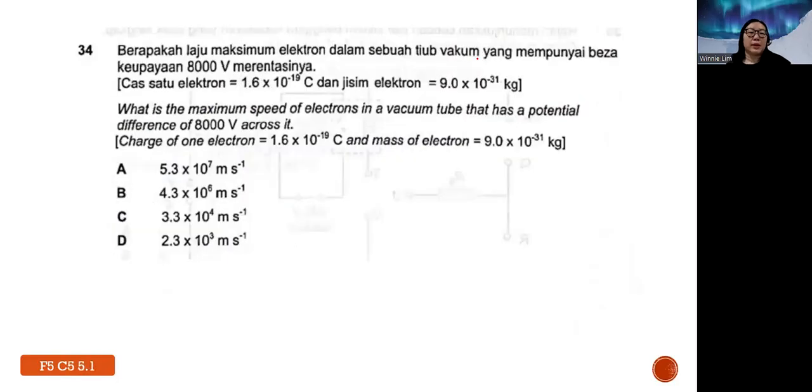34. What is the maximum speed of electrons in a vacuum tube that has a potential difference of 8,000 volt across it? Okay, this is under the topic of electronics. Why can the electron move? In the vacuum tube, there is a filament, and you have two terminals, the cathode and anode.